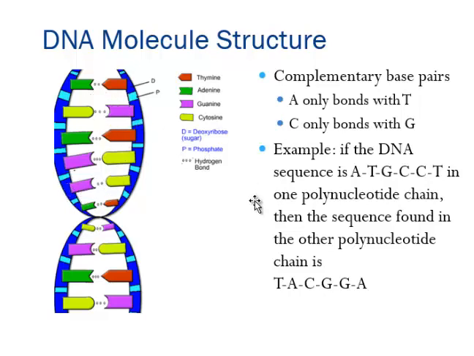Now, the one thing that is important is that A only bonds with T, and C only bonds with G. So if you can remember those 4 letters, A, T, C, and G, which is adenine, thymine, cytosine, and guanine, the C only goes with the G, and the T only goes with the A. So for example, in this diagram over here, the green thing being adenine, the yellow thing being cytosine, purple guanine, and I guess maroon thymine.